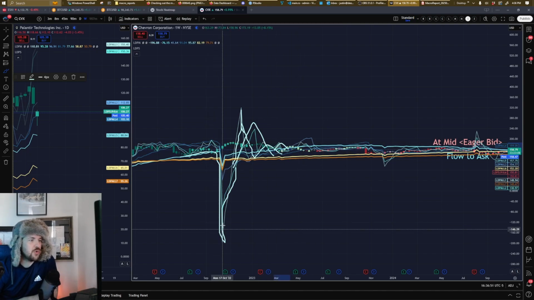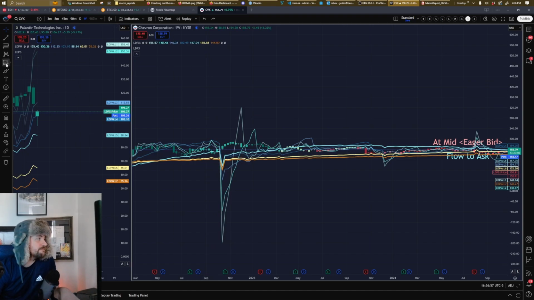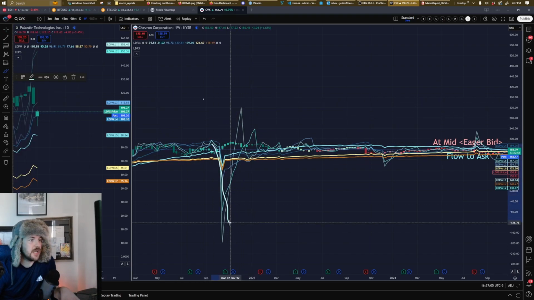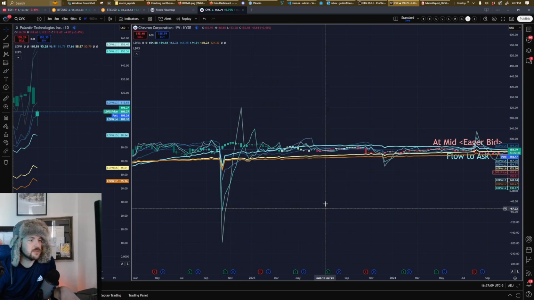So this whole complex, probably should do a different color than the one color of the LDPM line, but can't win them all. I also don't know how to change it. But yeah, this aggressive bid cascade looks to have happened.